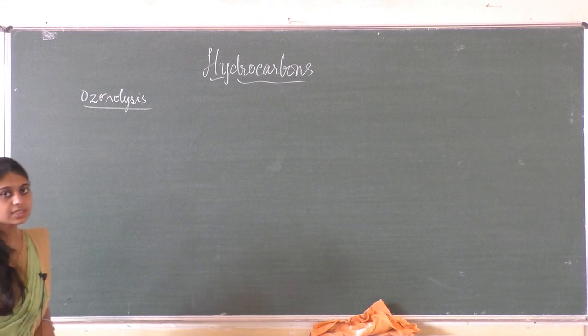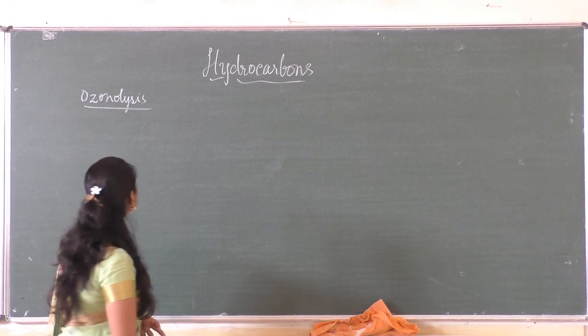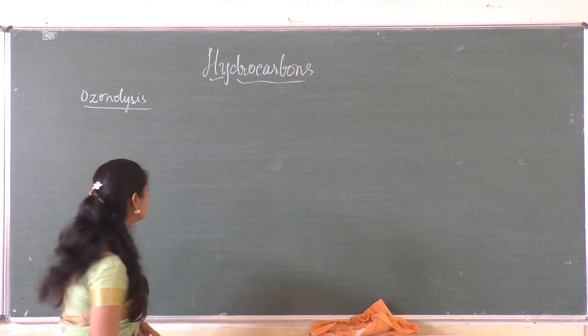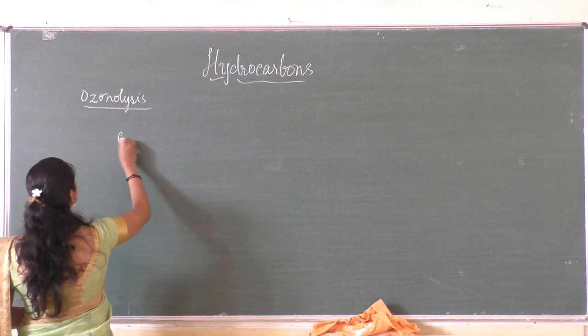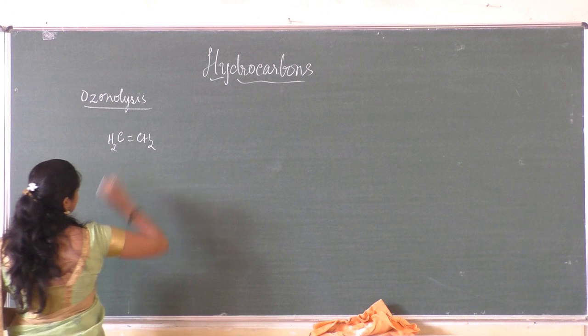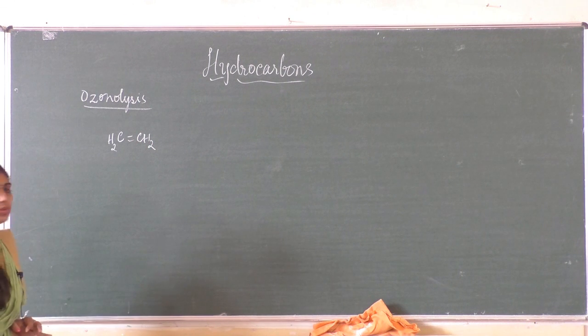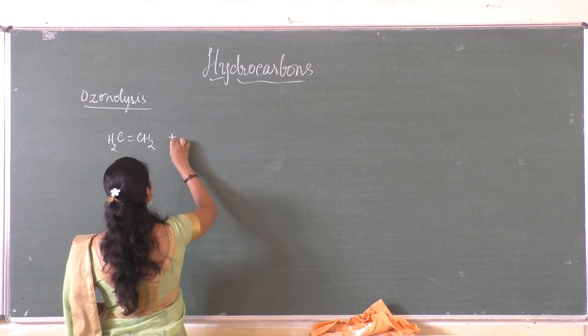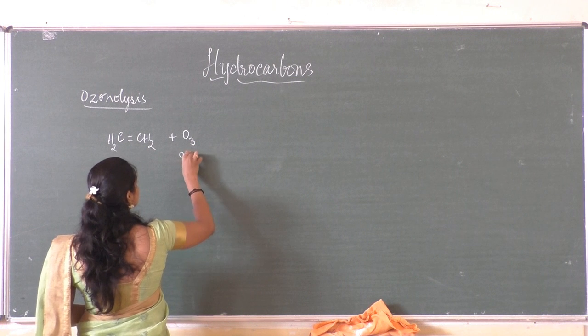In this process, the ozone molecule is added to an alkene. If you consider an alkene, say CH2 double bond CH2, and the ozone is O3. This is ozone.